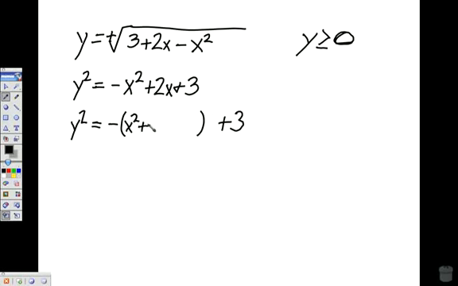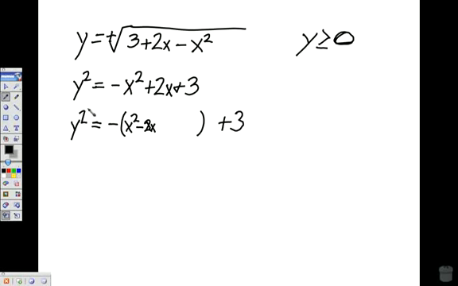Whoops, so that should be a minus now. Now I factored this minus sign out. If this had been negative 2x squared, I would have factored a negative 2 out. If it had been positive 5x squared, I would have factored a positive 5 out. I'm factoring out the coefficient of the x squared term.